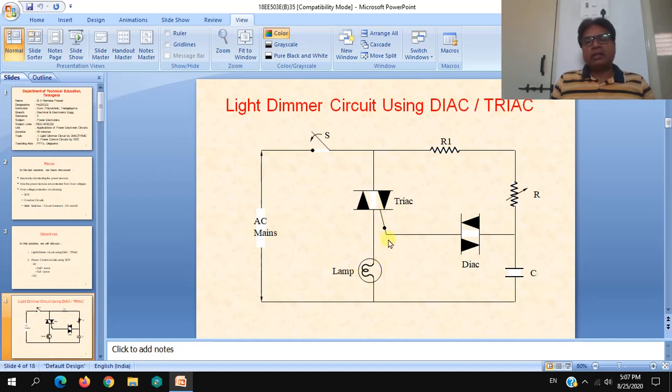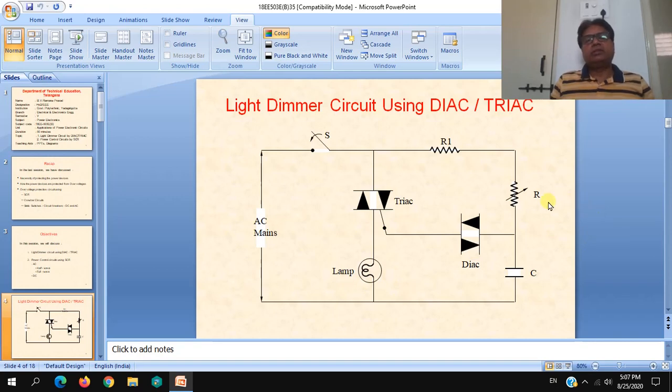If the triac is fired at higher firing angles, then the conduction angle will decrease, and obviously the average voltage and current available across the lamp will decrease. So the brightness of the lamp will be decreased. That is how you can dim the lamp.